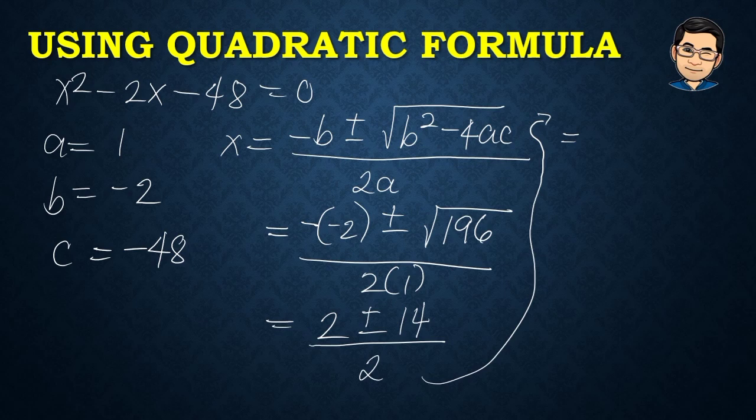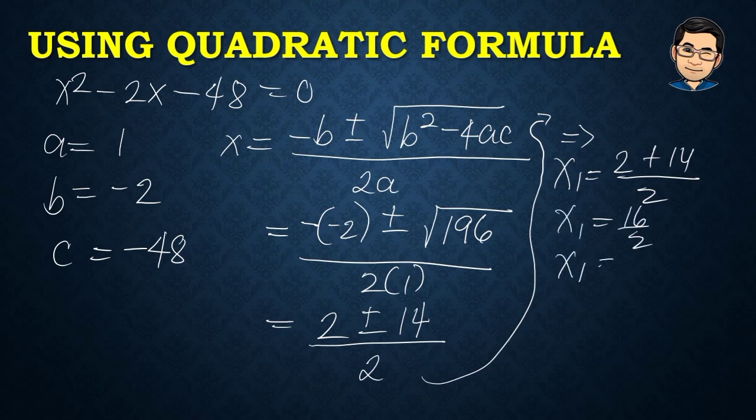Una muna, x sub 1 muna, 2 plus 14 all over 2, that is 2 plus 14, 16, over 2. So, x sub 1 is equal to 8. Now, for x sub 2, 2 minus 14 all over 2.